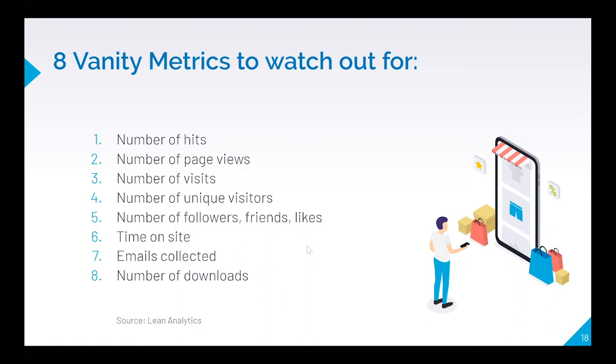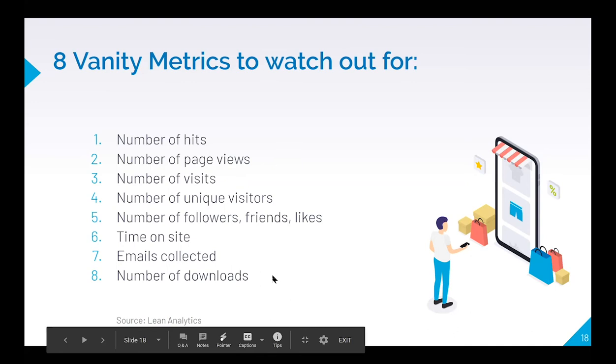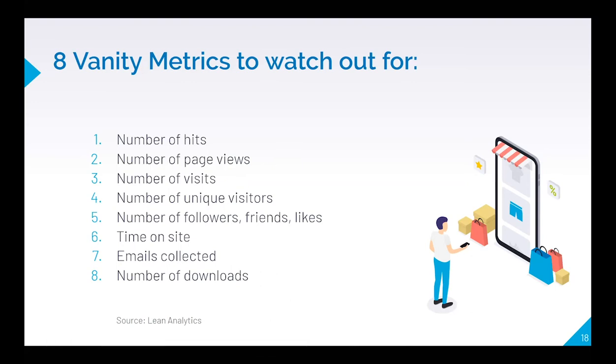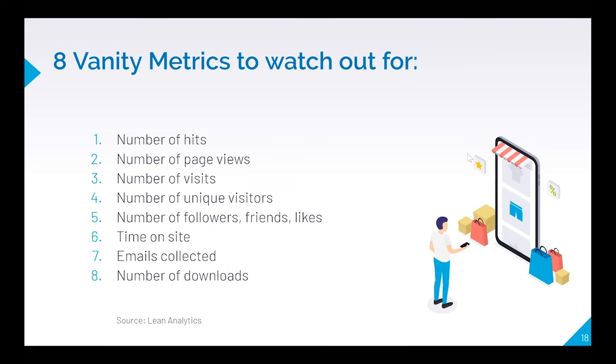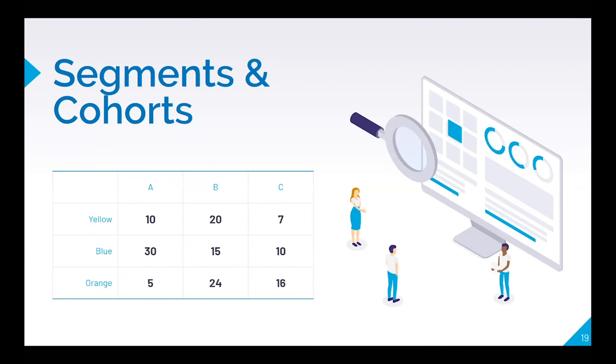Again, the number of downloads, it's a good number because it affects the ranking on the App Store and those kinds of things, but it rarely will lead to actual value unless you can measure how many people are activated, how many people create accounts, how many people actually come back 1 week after they downloaded that value. So these are just a few vanity metrics that people track often.